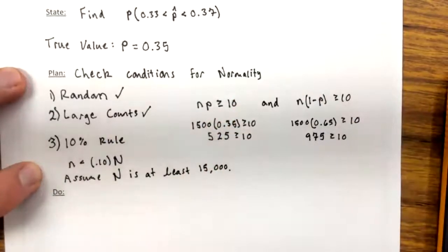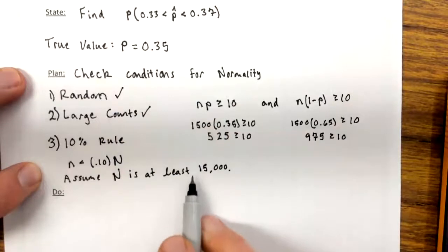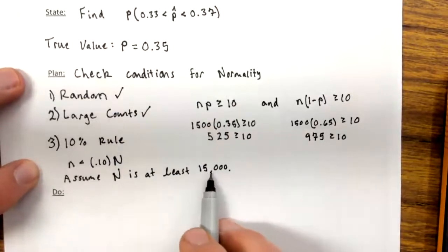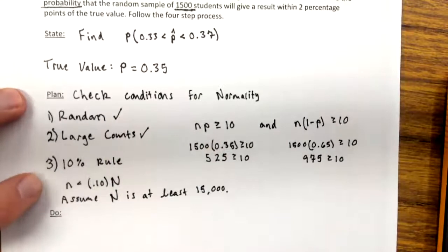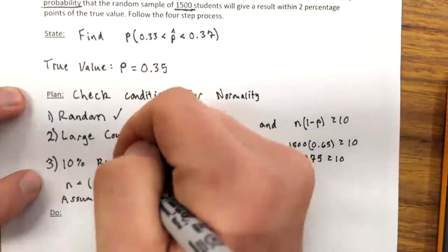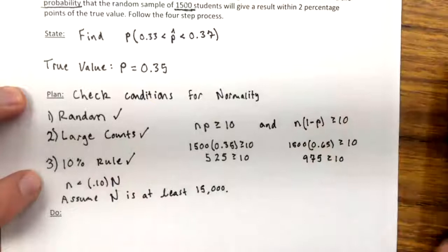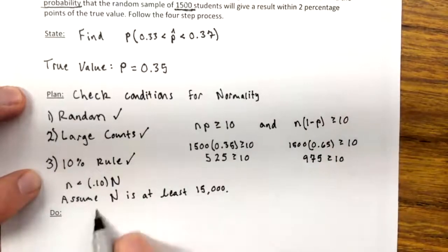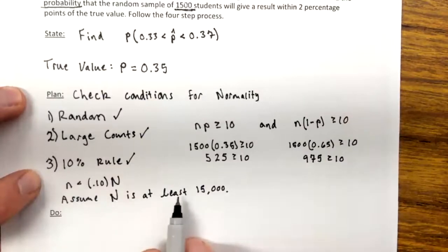We would have to assume that there is at least 15,000 students at that college, which is a reasonable assumption to make. I think most state schools are probably in like the 30,000 range, so this would pass. We can assume that. That's a fair assumption to make. Had we said that maybe the population size needs to be at least like 250,000 at one college, then it's probably not so much a reasonable assumption.